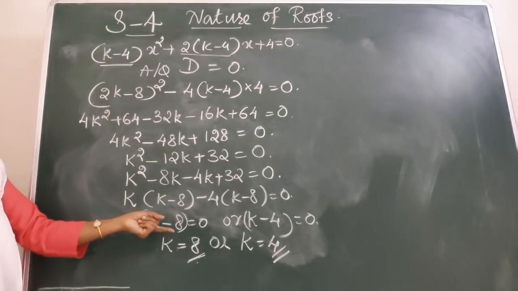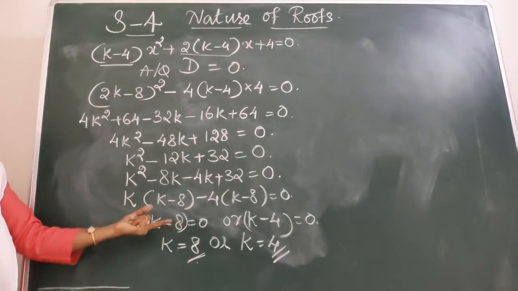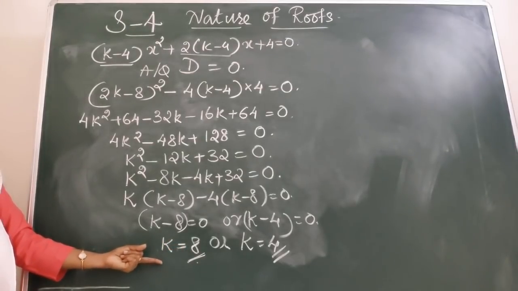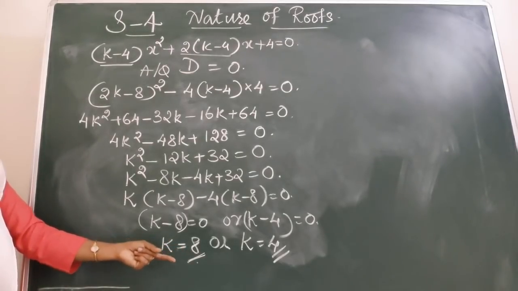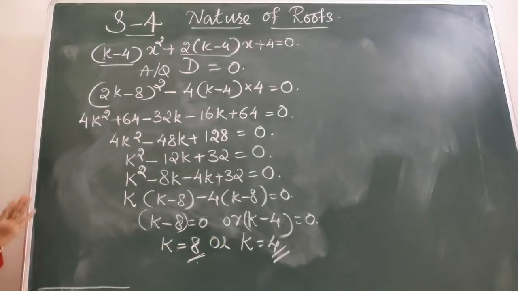Then after getting the product form, we apply the zero product rule and equate each factor to 0. You get two values, k equal to 8 or k equal to 4. This is one of the concepts related to the quadratic equation, the nature of roots of the quadratic equation.